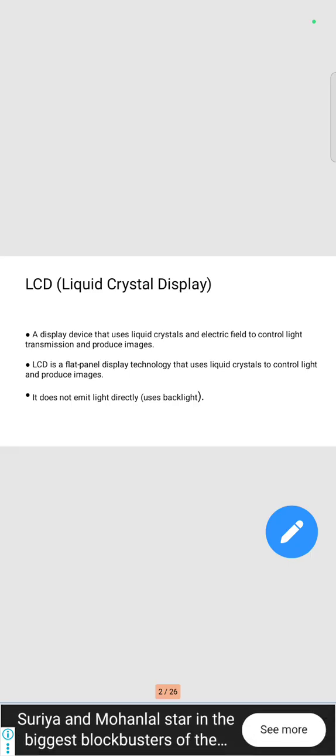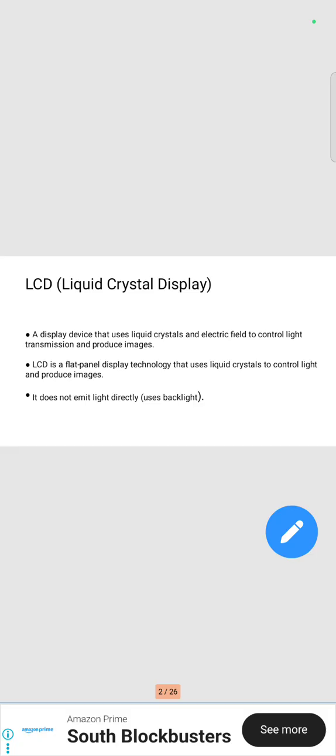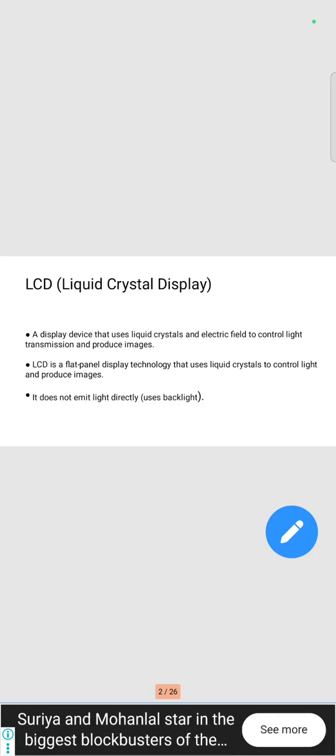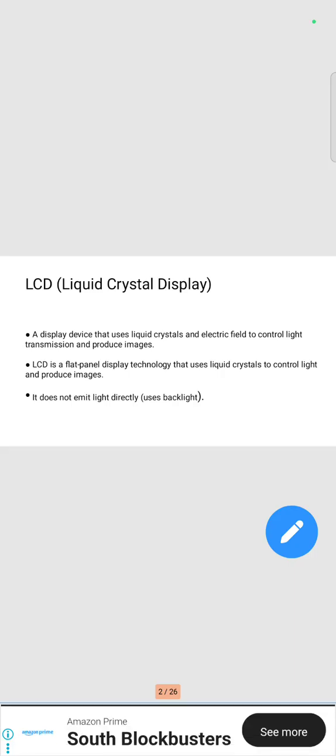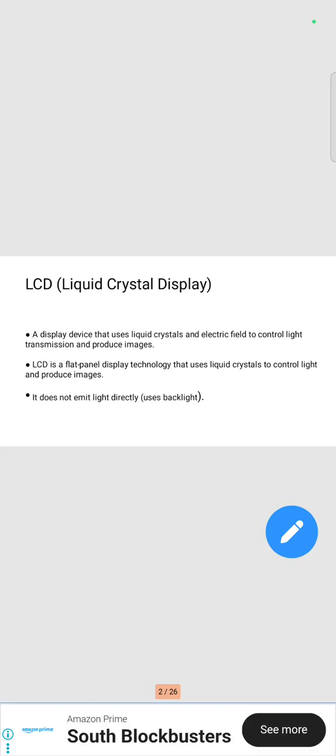So the basic working is, when we do not apply the voltage, the crystals are twisted and the light passes, therefore the pixels look very bright. When we apply the voltage, the crystals are aligned. At that time they block the backlight, and now the pixels look dark.